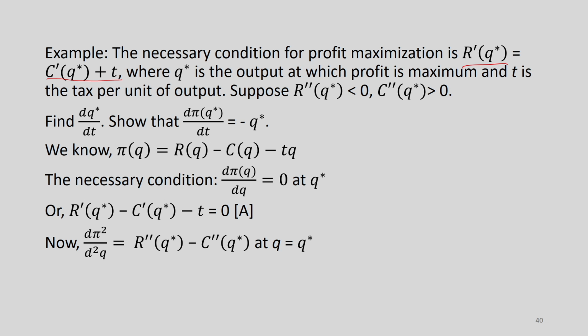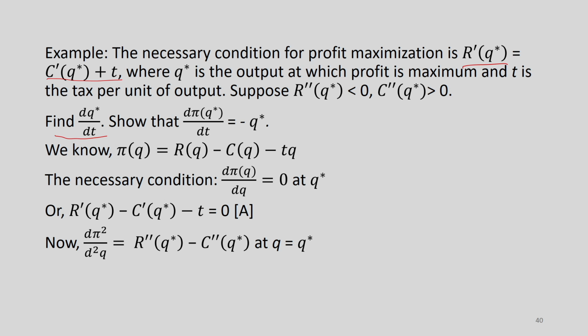Now, suppose r double prime q star is less than 0 and c double prime q star is greater than 0. Suppose these two things are correct, then we have to find out dq star dt, and we have to show d pi q star dt is equal to minus q star.